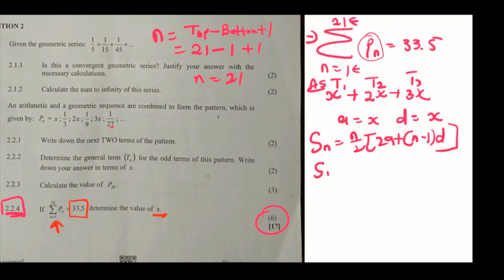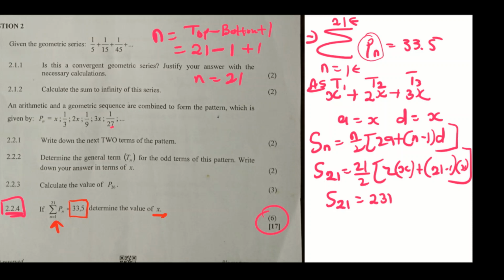So you're going to find the sum of 21 terms: 21 over 2 into 2 times our a value x, plus (21 minus 1) times our d value x, right? The sum you need to get for 21 terms is 231x. Please confirm with your calculators or with your own calculations. So that would be the sum for the arithmetic.